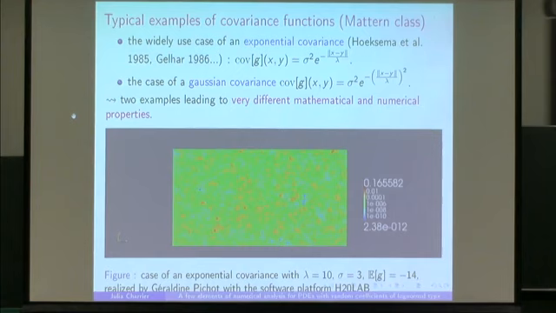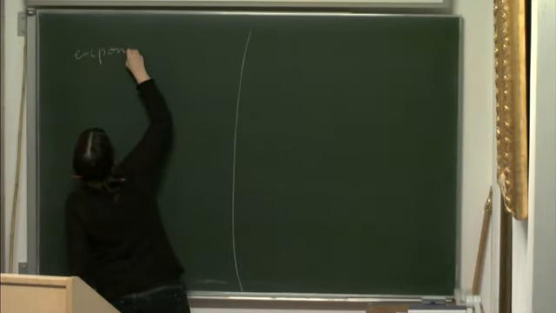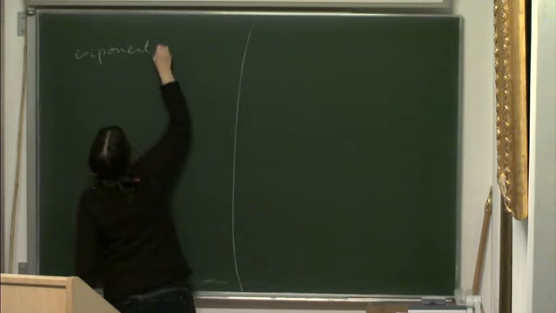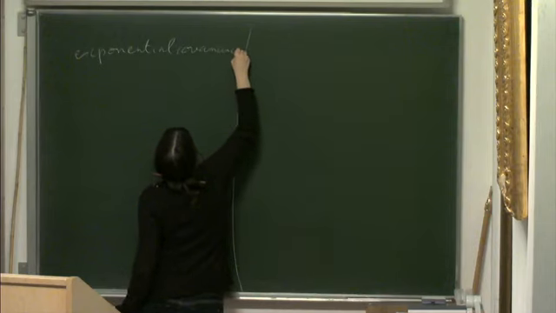The first one, which is quite widely used, is an exponential covariance function. So of course the covariance is a decreasing function, and the first choice decreases like an exponential.